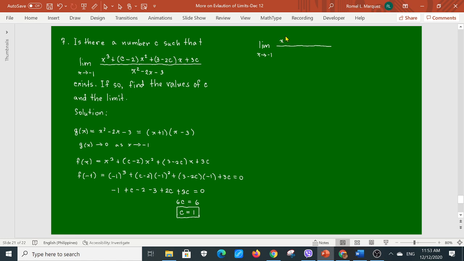So that is now equal to x cubed. Let's evaluate this mentally. 1 minus 2 is negative 1, so negative x squared. 3 minus 2 times 1 is 1, so plus x. 3 times 1, so plus 3.